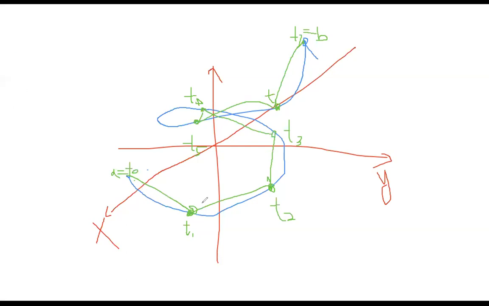So for example, from T1 to T2, you go from this vector to the next vector.